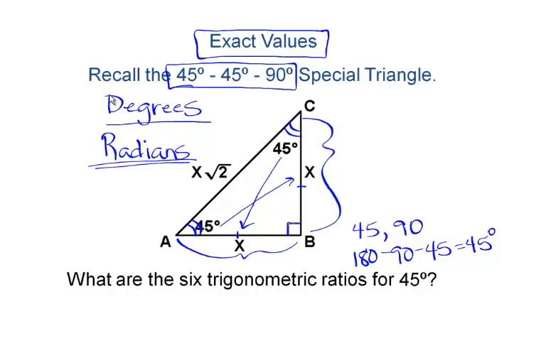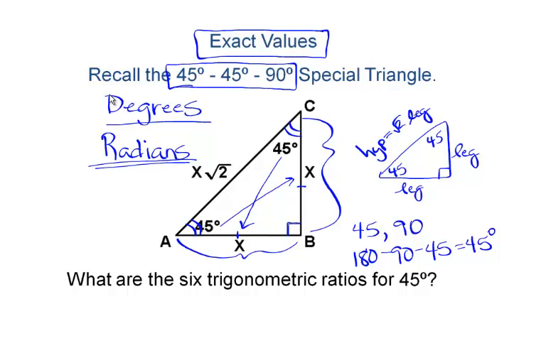Since that's the case, I remember from geometry, in a 45, 45, 90 triangle, I had a leg, another leg that was the same measure, and a hypotenuse. What was true about my hypotenuse is that it was square root of 2 times the length of a leg. I'm bringing that from geometry.